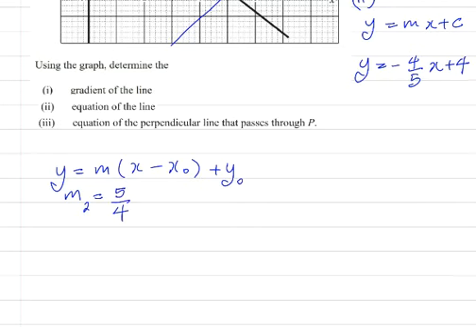And we know one point on this line, P. The point P is on this line, and P is the point 5, 0. So this is my x naught, y naught.